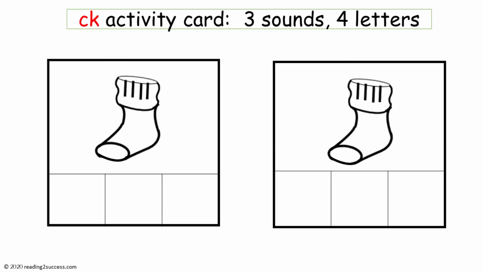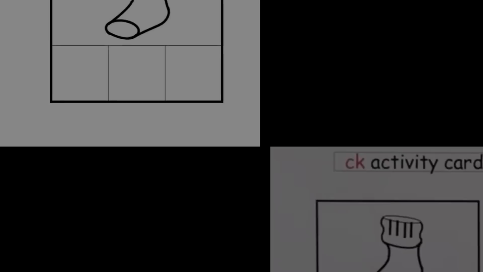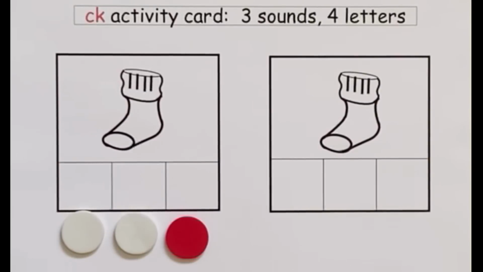This is the template that will be used in the first activity. We're going to have kids complete the CK activity card, and it focuses on 3 sounds made by 4 letters. And as kids become readers, they evolve from sounding out each letter of a word to reading letter patterns that are letters that come together to make one sound.